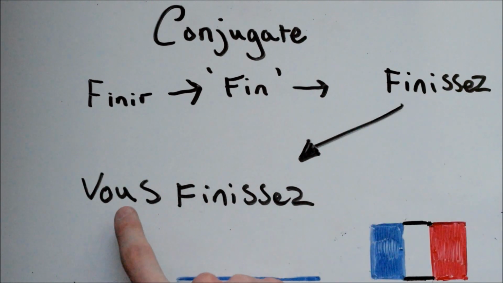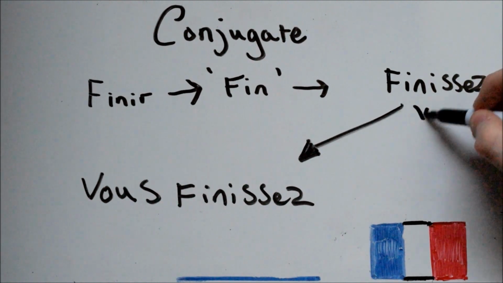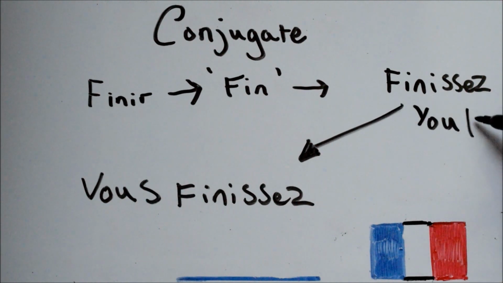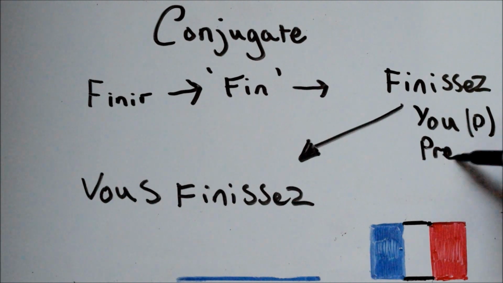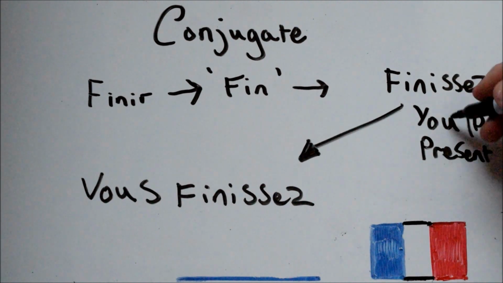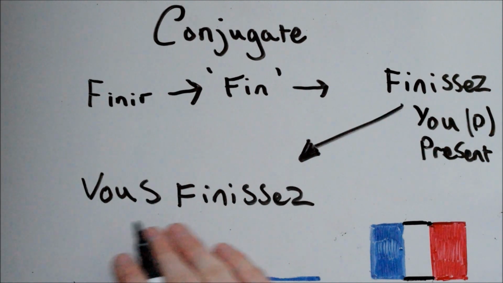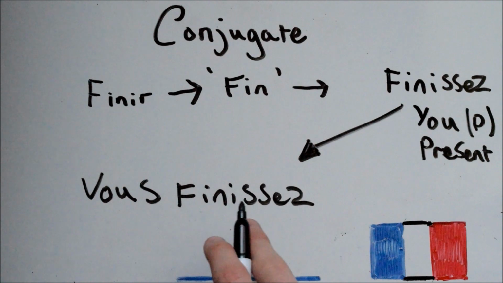So it goes to vous finissez. So remember, all we've added on is the you, the polite version, and in the present tense. Finissez is you in the present tense. So vous finissez is exactly that, meaning you finish.